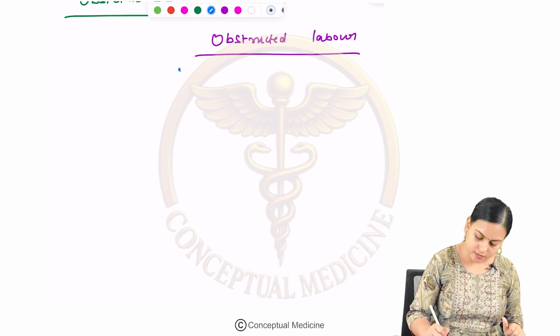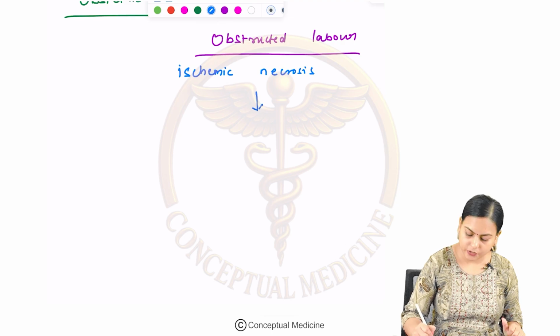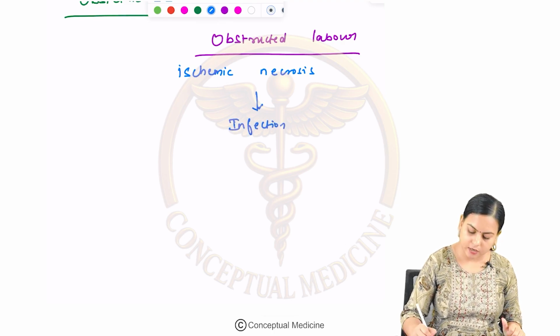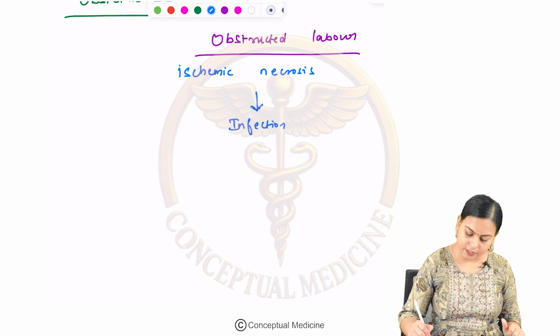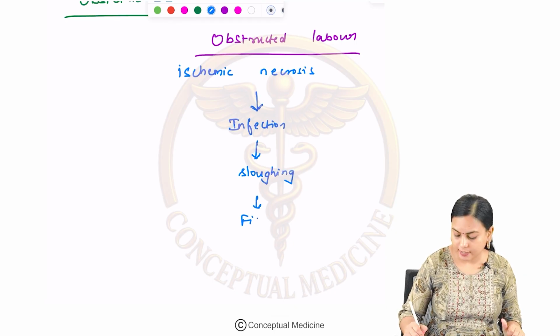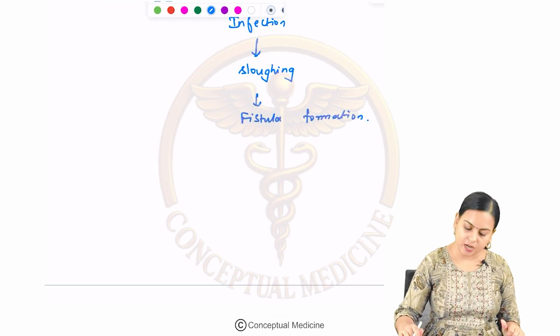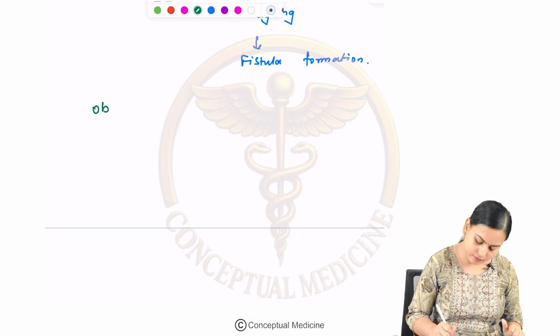Actually it causes ischemic necrosis, which will be superimposed with infection, and that will cause sloughing and lead to fistula formation.